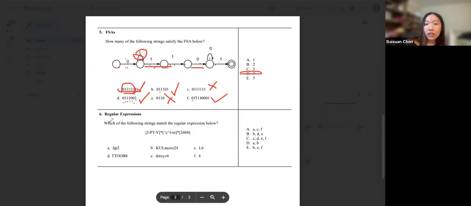Then for the last one, it's pretty similar, regular expressions, except it has different symbols. To remind you, the asterisk means it's similar to these ones, where you can have as many 0 or infinitely many as you want. And then this one means not. And then this is just you have to have it.